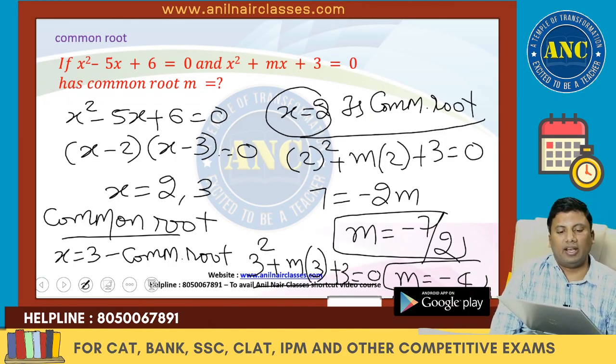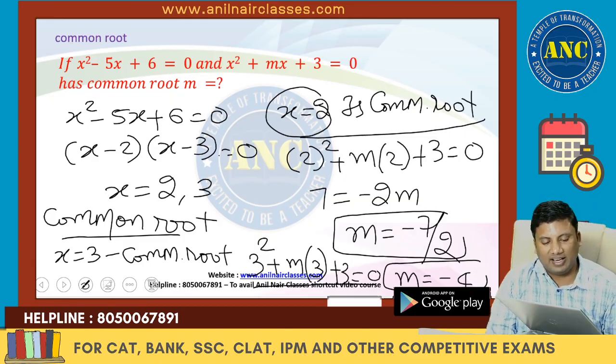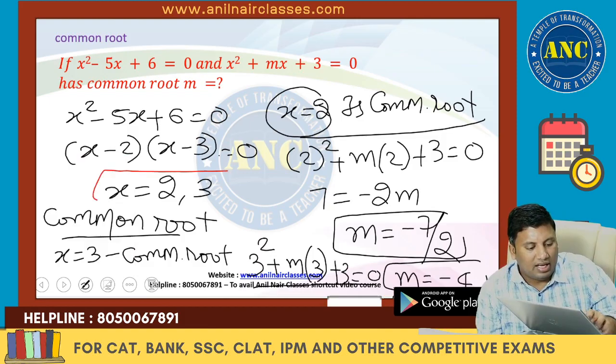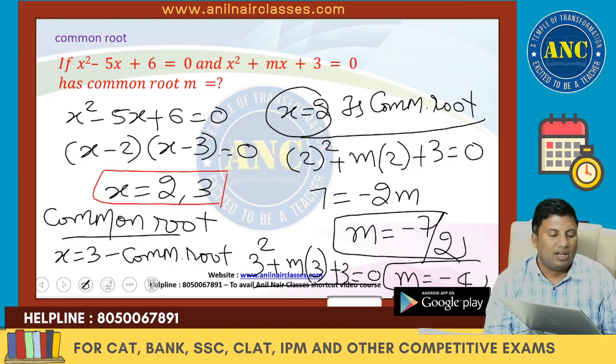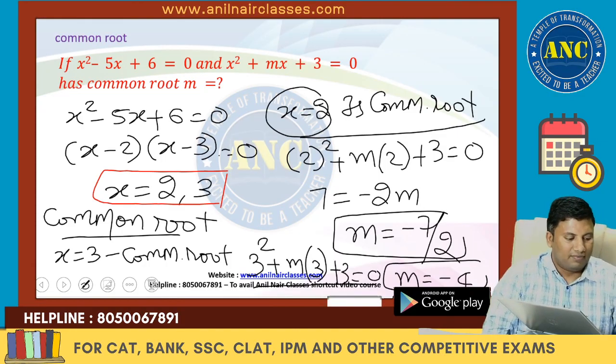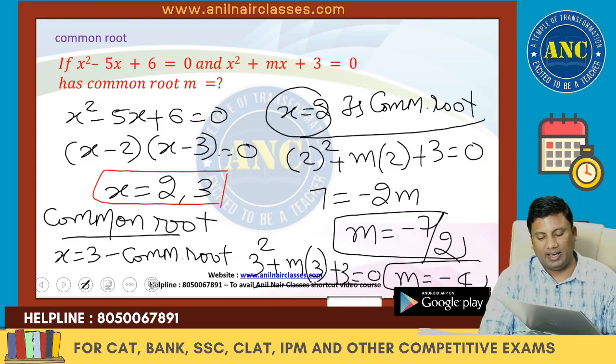x square minus 5x plus 6 equivalent to 0, x equivalent to 2, 3. If one root is common, 2 is a common root, m equivalent to minus 7 by 2.